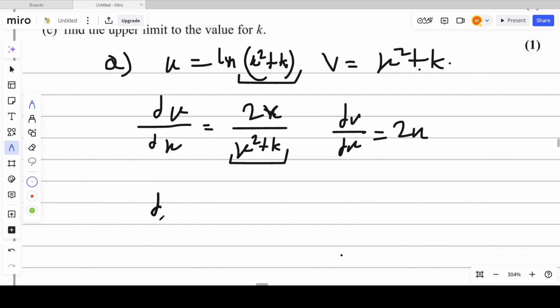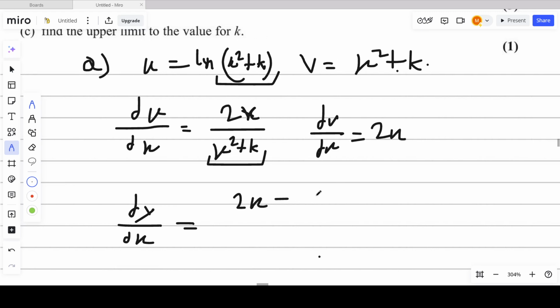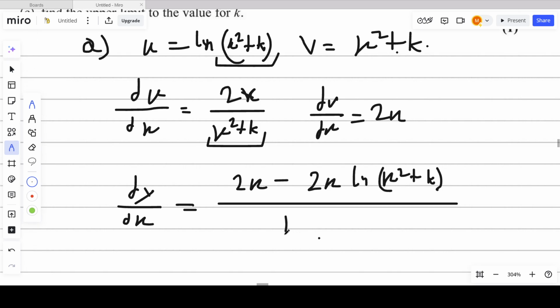So the derivative dy over dx equals v times du over dx, which is twice of x, minus u times dv over dx, 2x ln(x squared plus k), over v squared. V is x squared plus k whole squared.